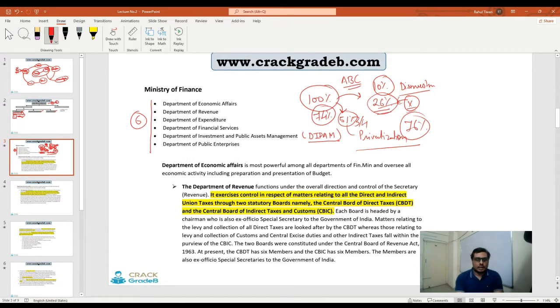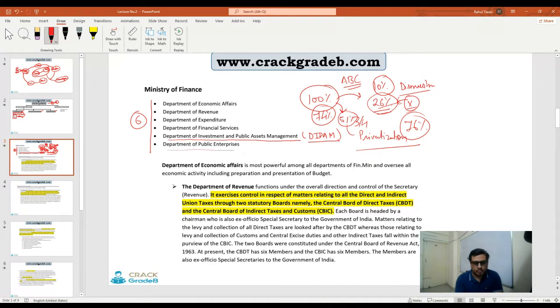That is why the name was changed to Department of Investment and Public Asset Management. Whatever we get after selling the shares, we are going to effectively invest in other places. So more positivity came here, and it is known as the Department of Investment and Public Asset Management.